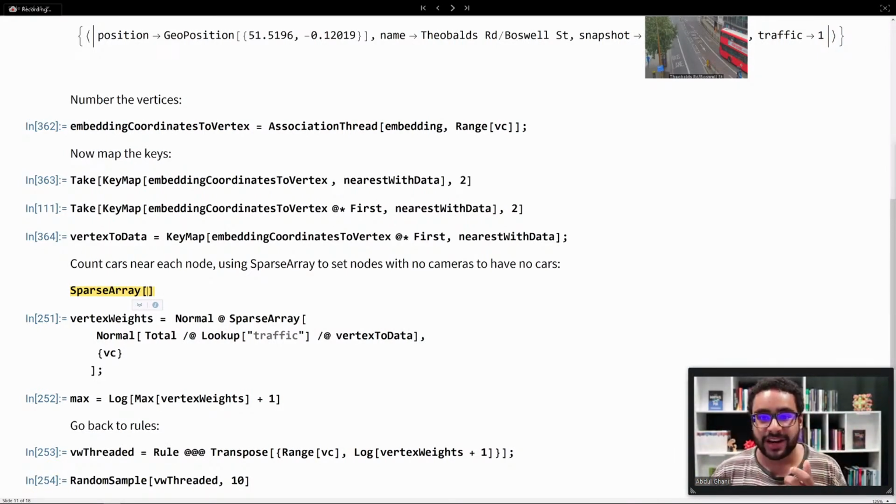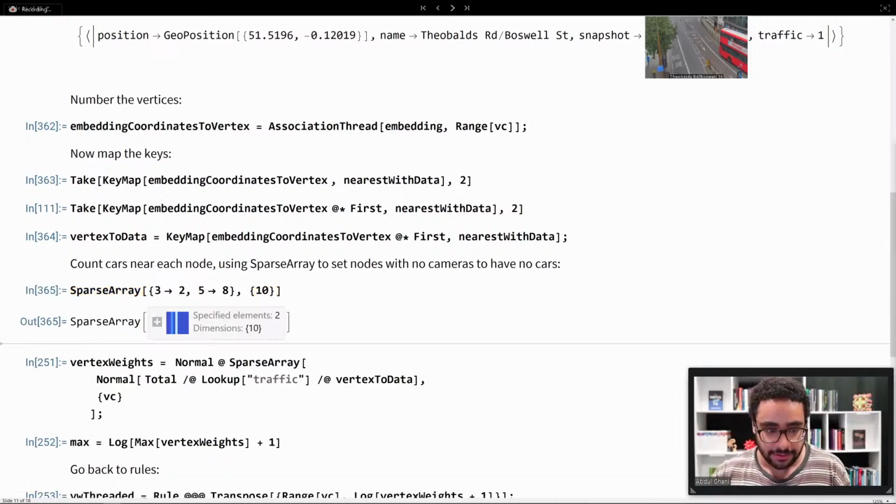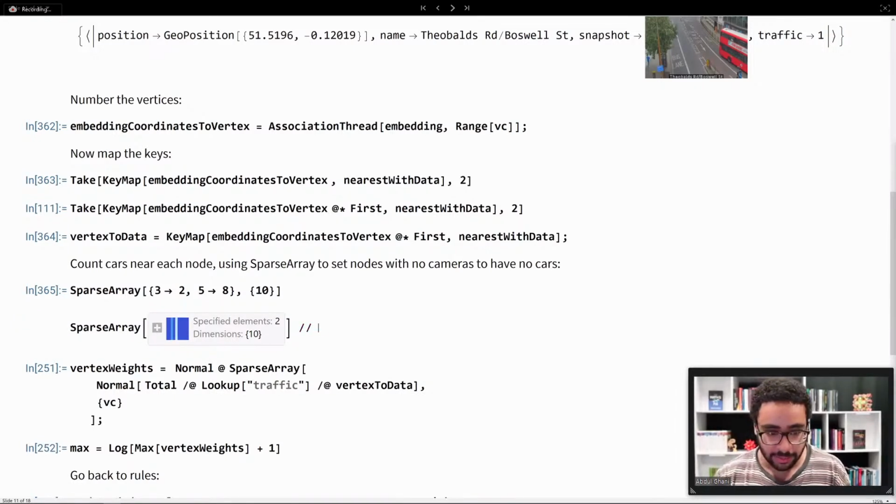You just want to remember where your 5 different coordinates are and know that the rest are 0. So if I say sparse array, and the third thing is 2, and the fifth thing is 8, in a one-dimensional thing with 10 coordinates, then you get the sparse array. If we say normal of that, we're going to get the list back.